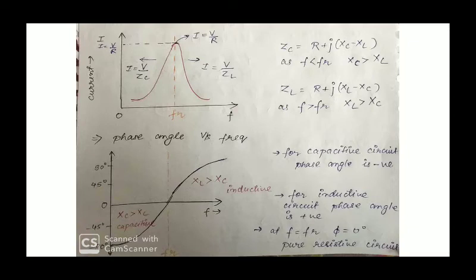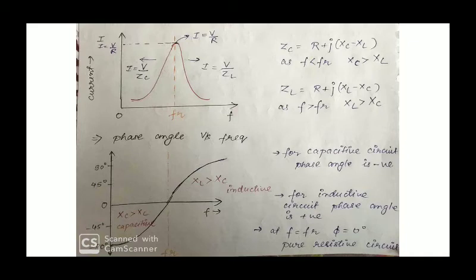Now if we plot phase angle versus frequency, we have already seen that for frequencies lower than the resonant frequency, the circuit behaves as a capacitive circuit, that is XC is greater than XL. For a capacitive circuit, the phase angle is negative, and the maximum negative phase angle is minus 90 degrees, a pure capacitor behavior.